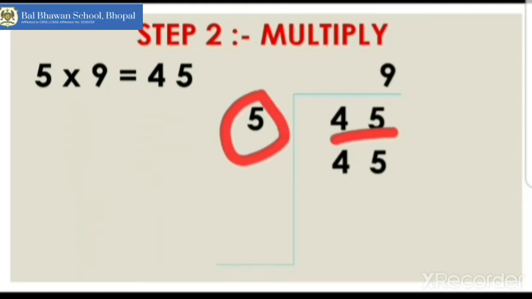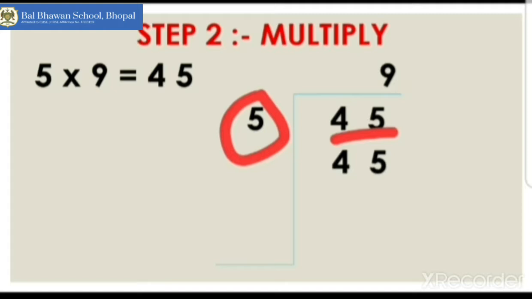So for that we have to say the table of 5 first. You already know the table of 5. So we will say it. 5 ones are 5, 5 twos are 10, 5 threes are 15, 5 fours are 20, 5 fives are 25, 5 sixes are 30, 5 sevens are 35, 5 eights are 40 and 5 nines are 45.